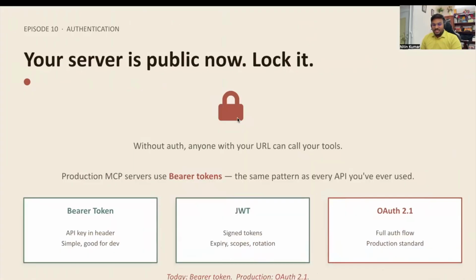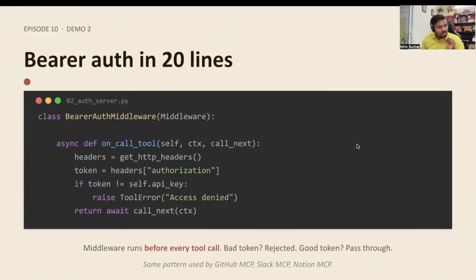My server, as I mentioned, is public now, and I need to build something. We have different techniques like bearer token, JWT, OAuth. We have different patterns to make it a sort of lock, with a key that can only give access to this system. How do we do it? We have a middleware system.